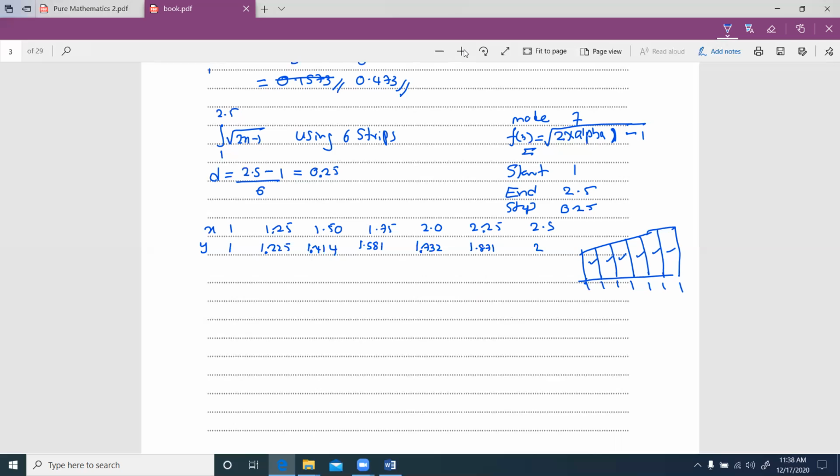Then you can write the integral from 1 to 2.5 of square root of 2x minus 1 is approximately equal to half the width of a strip.